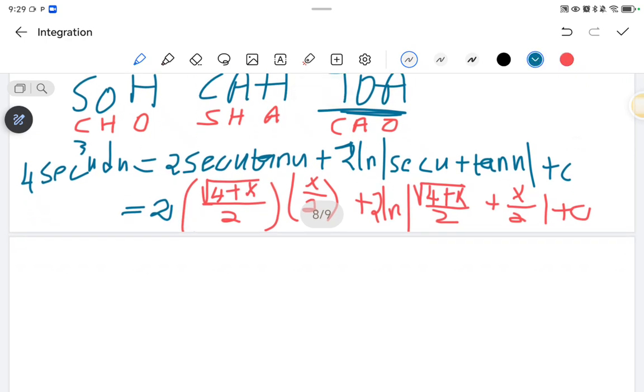This will be equal to, the 2 will cancel the 2, I'll be left with 1 over 2 x root of 4 plus x squared.